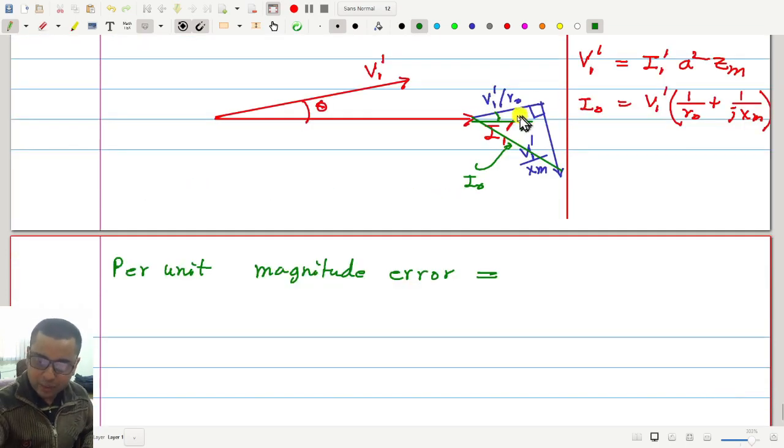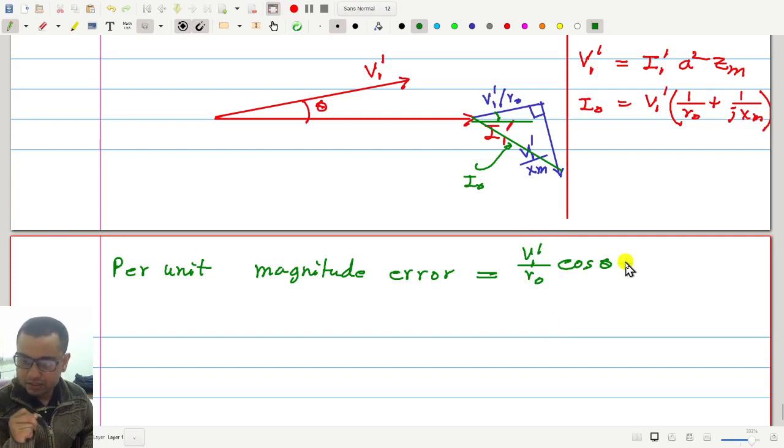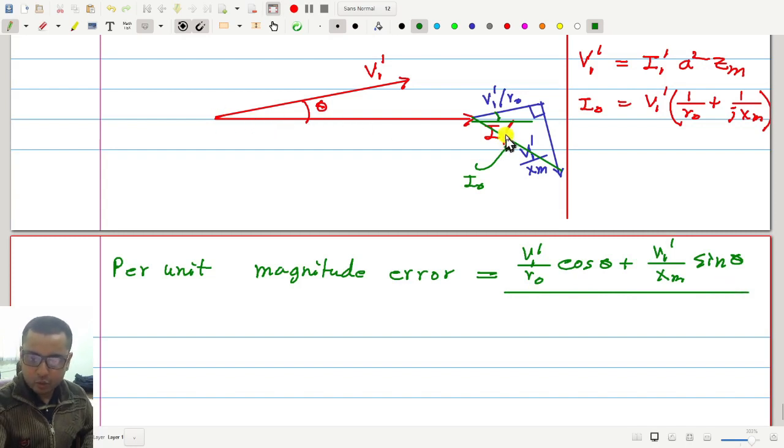So here, how much is the horizontal component? V1 prime divided by R naught, this quantity multiplied by cosine theta, plus V1 prime by Xm, this quantity multiplied by sine theta, divided by I1 prime.